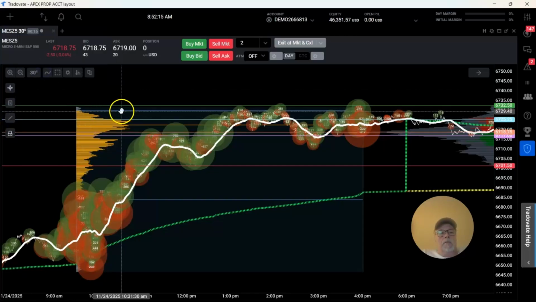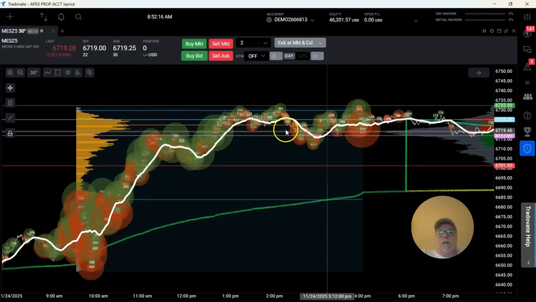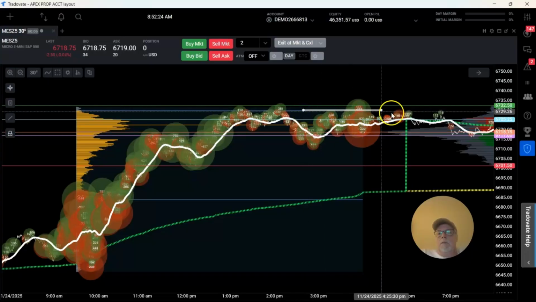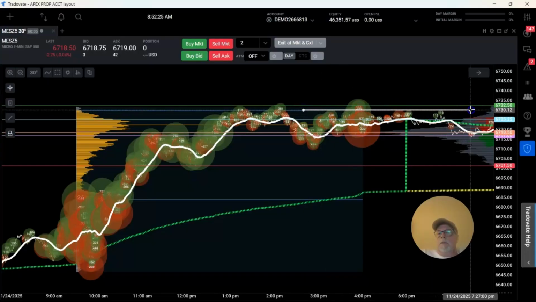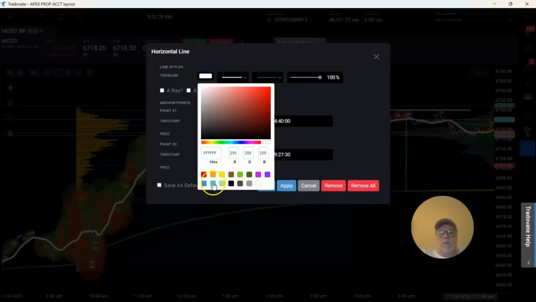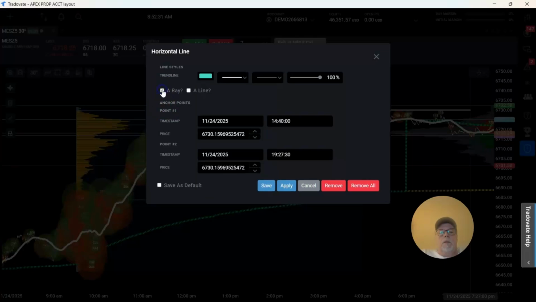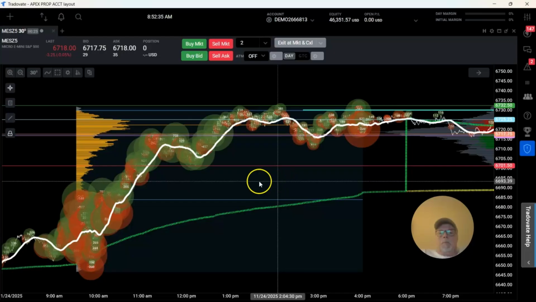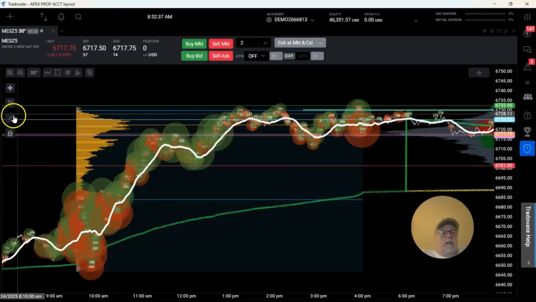I am going to mark the value area high, which is this blue line. And I'm going to make it blue. Turn it into an array so it extends out all the way to where I'm at now.